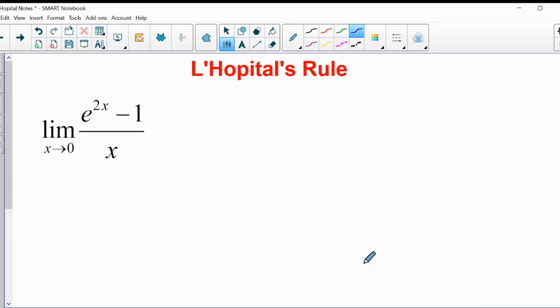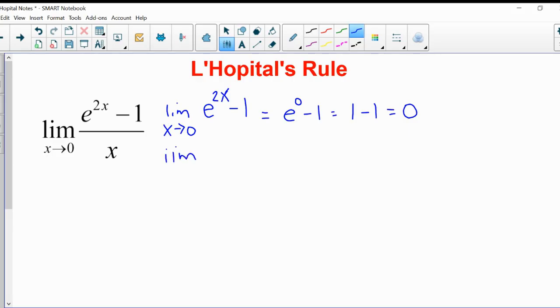We will again start by finding the limit of both numerator and denominator. So when I substitute 0 in for x, e to the 0 is 1, so the limit of the numerator is 0. In the denominator, when we substitute 0 in for x, we also have 0.